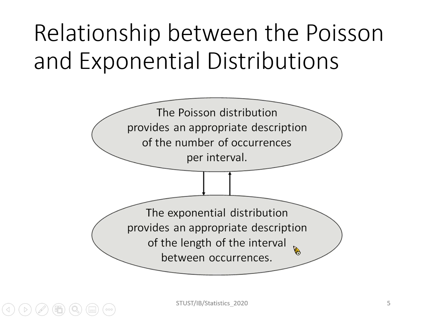The last part we will talk about is the relationship between the Poisson and the exponential distribution. They look similar, but they still have some differences. The exponential distribution provides an appropriate description of the length of the interval between two occurrences.